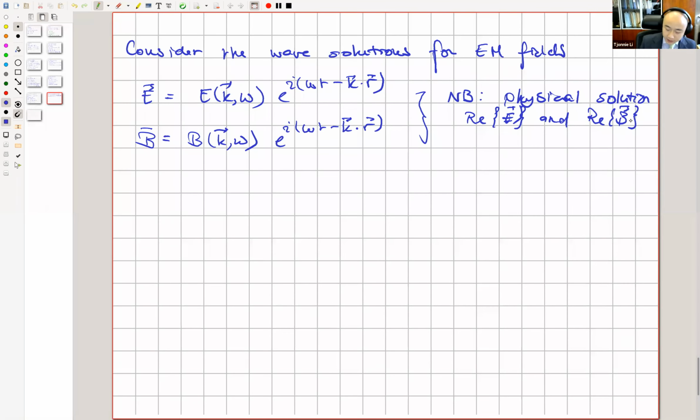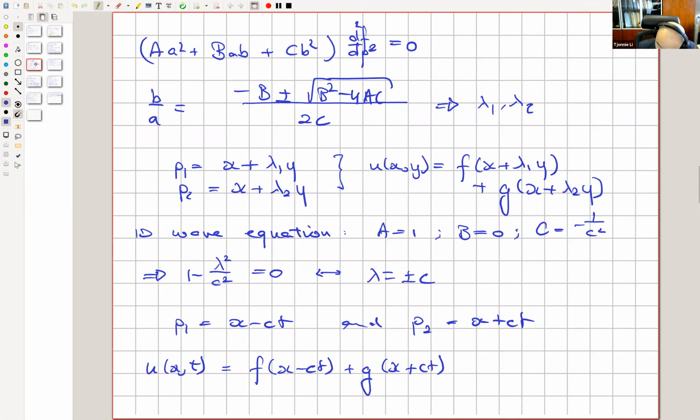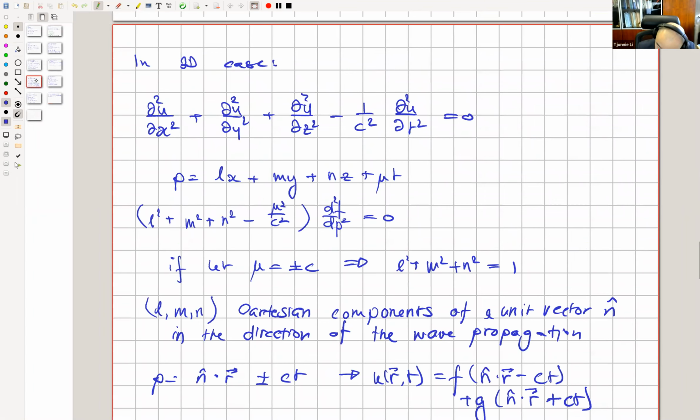Now in this three-dimensional case, as you can see back when we looked at the three-dimensional case, we have this vector k, which is just specifying the direction.